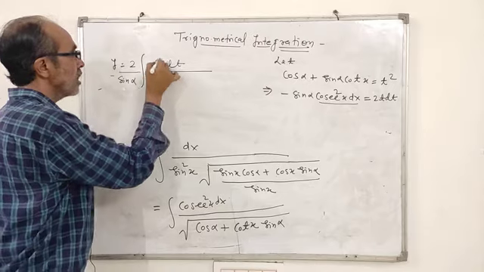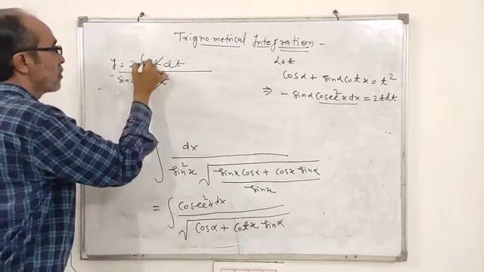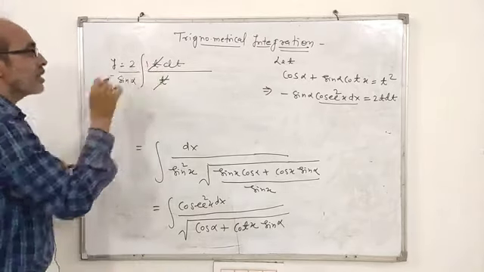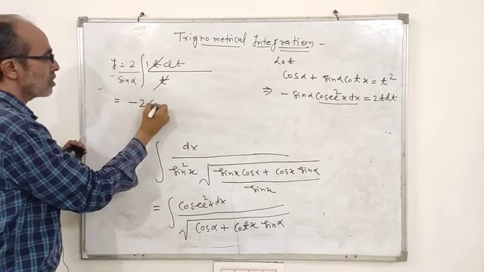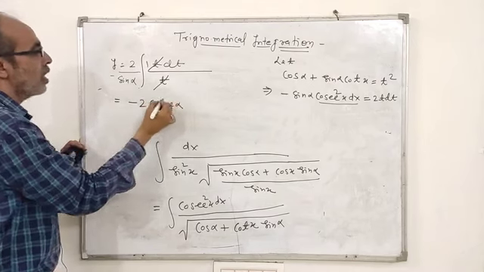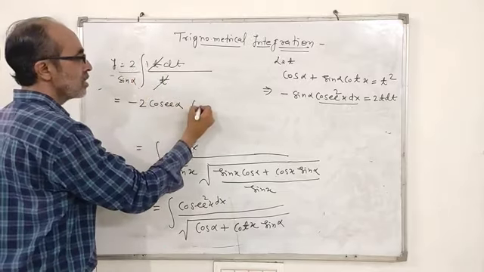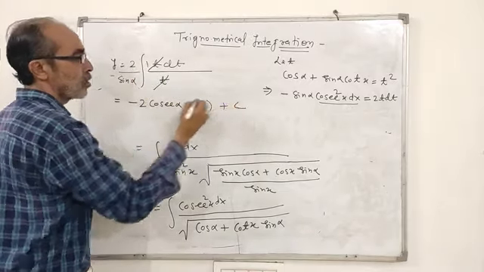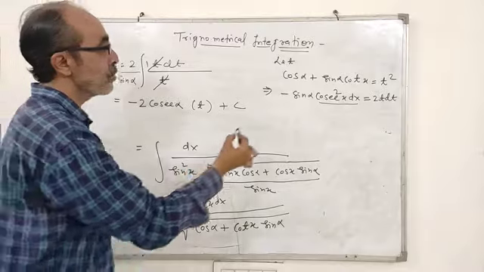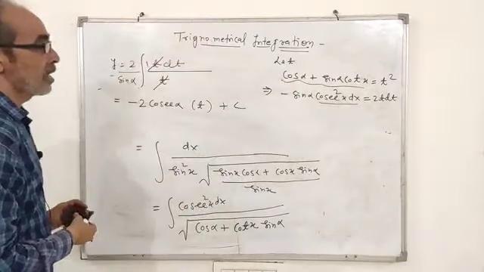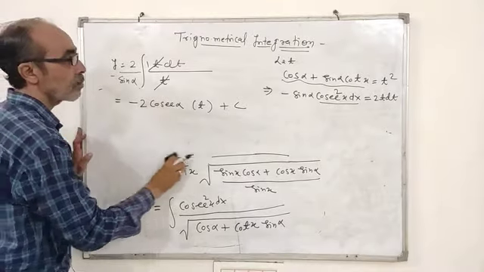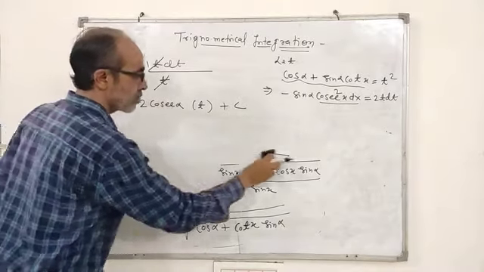Then we write t, and both are cancelled. Then we have negative 2 cosec alpha times the integral of 1 dt, and the integral of 1 is t plus the indefinite constant c. At last we put the value of t, which is root of cos alpha plus sin alpha multiplied by cot x.